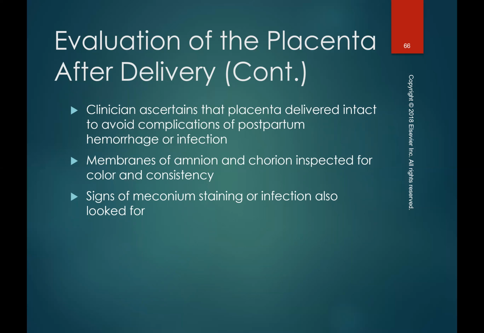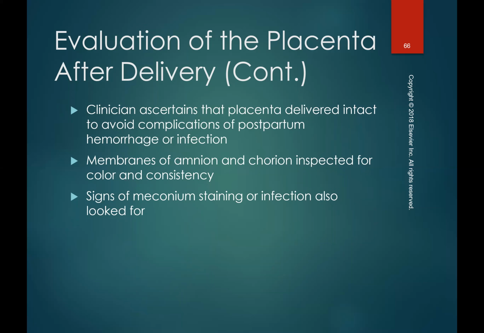If some of the placenta is left, it's called retained products of conception. And so that can cause a fever, can cause infection. So it's very important that the whole placenta is delivered.